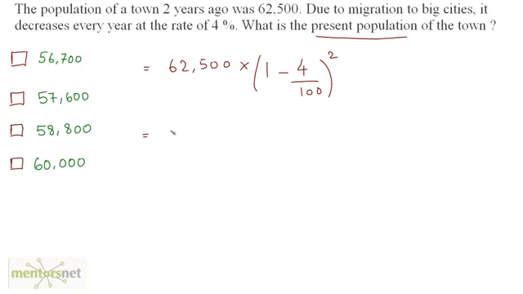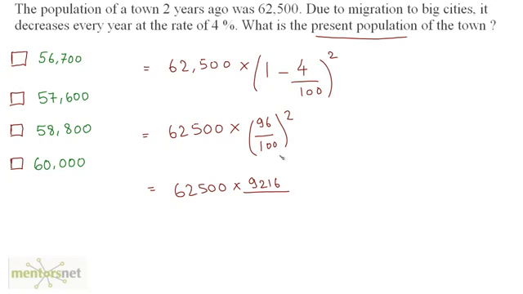So this is equal to 62,500 times (100 minus 4) which is 96 upon 100, squared. So this is equal to 62,500 times 96 squared, which is 9216, upon 100 squared, which is 10,000.